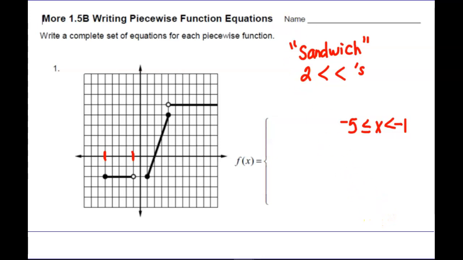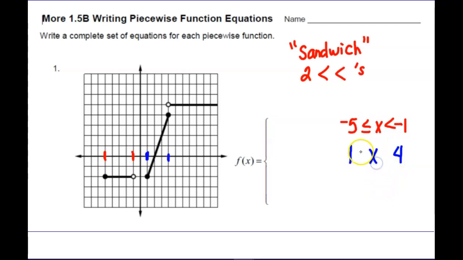All right, can anybody help me with the next chunk? We have a jump here, or it goes undefined in between here, but we start from what? 1 to 4, is that right? 1, 2, 3, 4, right? 1 to 4, okay? What goes on either end?